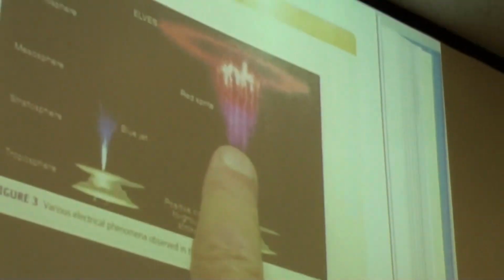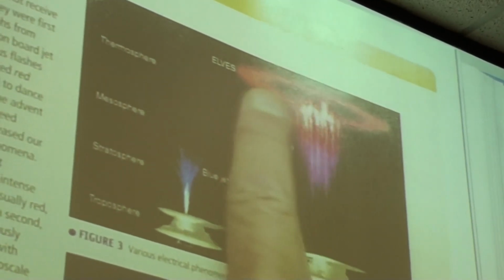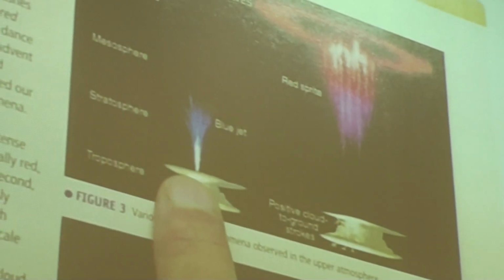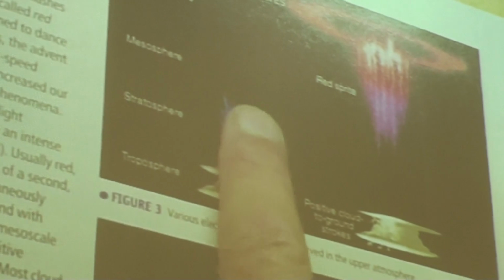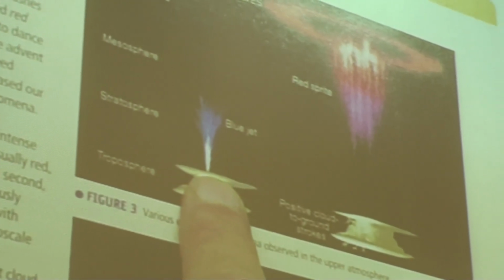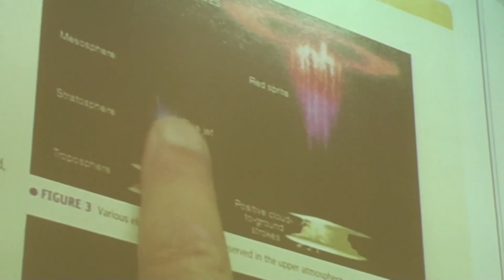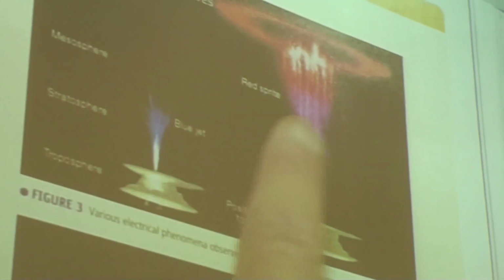Here we can see some other types of lightning that are associated with higher elevation. We have elves at very high elevation. We have blue jets at lower elevation. The blue jets are associated with ionization of air in the atmosphere and can be much more powerful lightning bolts.